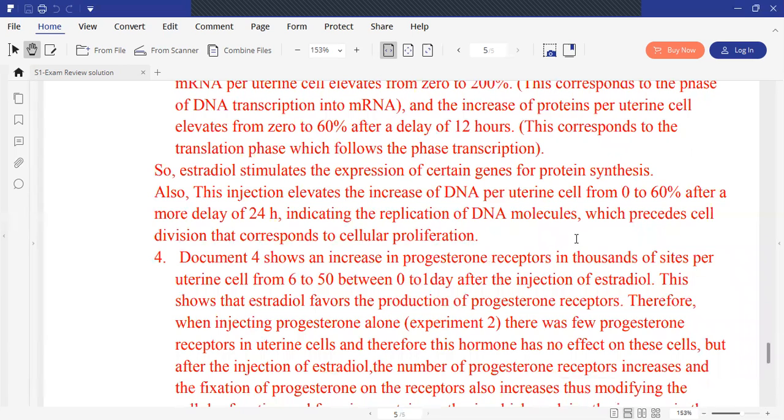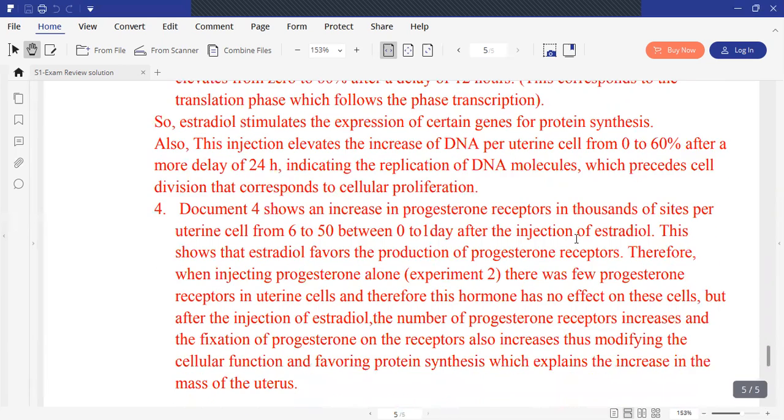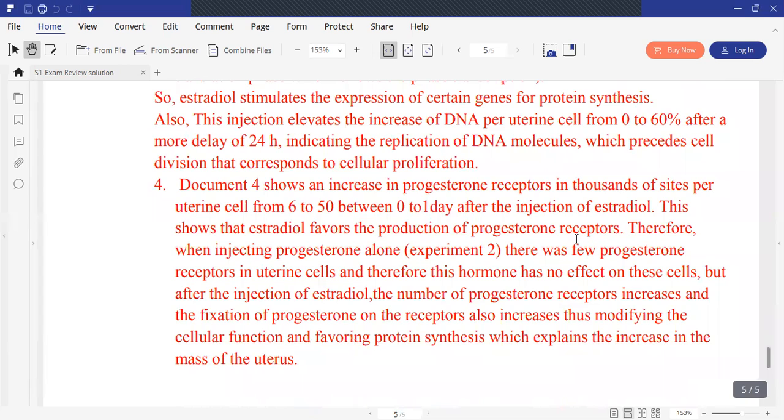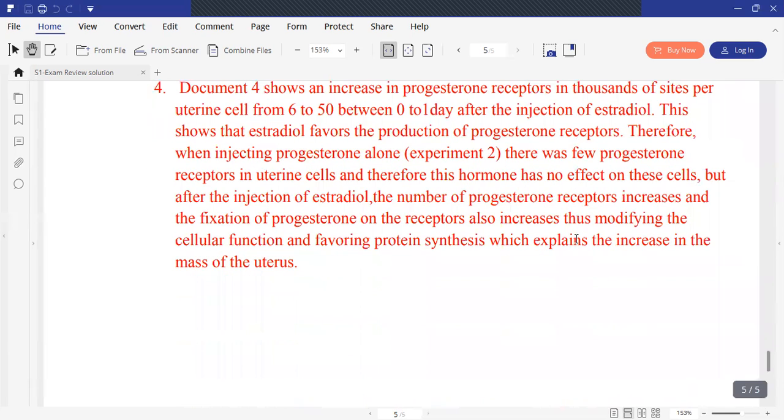Therefore, when injecting progesterone alone in experiment 2, there were few progesterone receptors in uterine cells, and therefore this hormone has no effect on these cells. But after injection of estradiol, the number of receptors for progesterone increases, and the fixation of progesterone on the receptors increases, thus modifying the cellular function and favoring the production of proteins, which explains the increase in the mass of the uterus. Thank you.